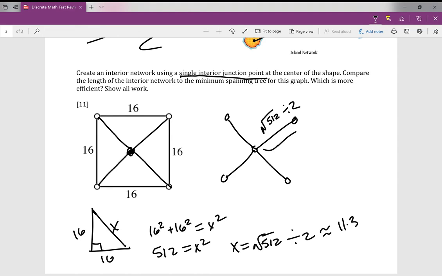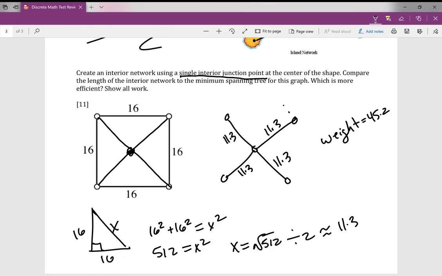So 11.3 would be the measurements there. So the total weight would be 45.2.